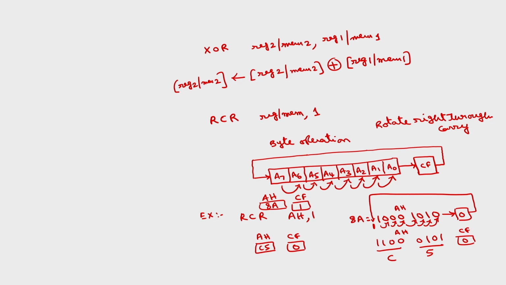What will be the contents? The same operation. So, the contents will move here. This will move into the carry flag as well as here. So, what are these contents? The last content 0 is moving to here as well as here. So, what happens is here this becomes 0, this 8A is 1 0 0 0 1 0 1 0, and carry flag is anyhow 0.